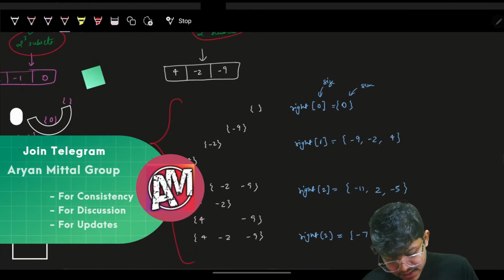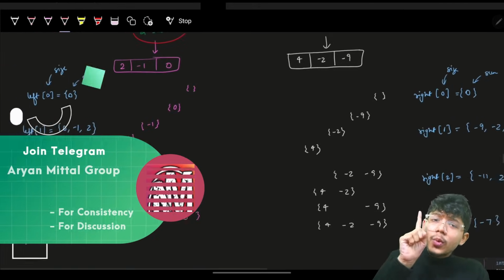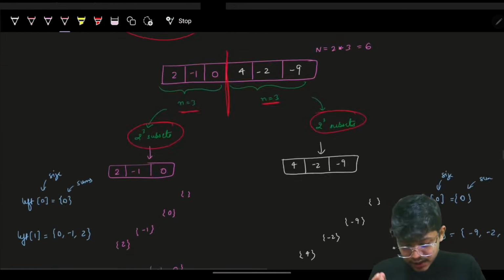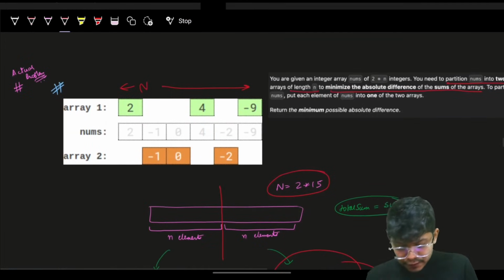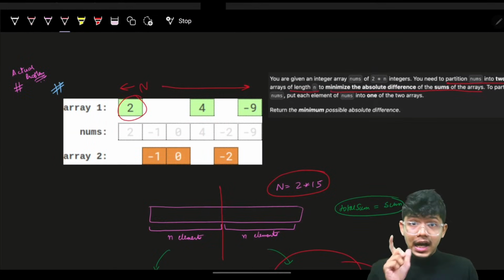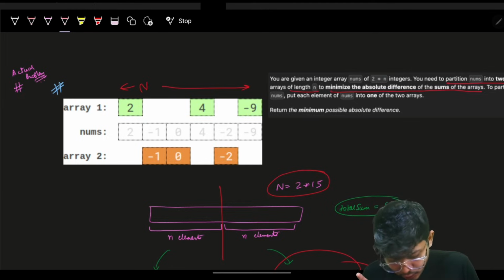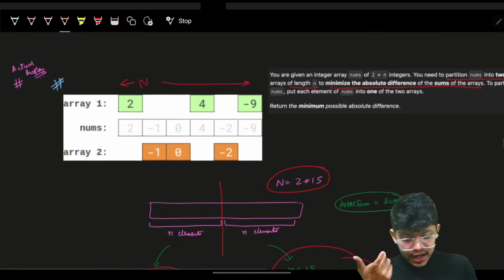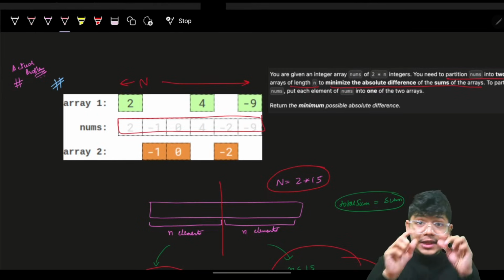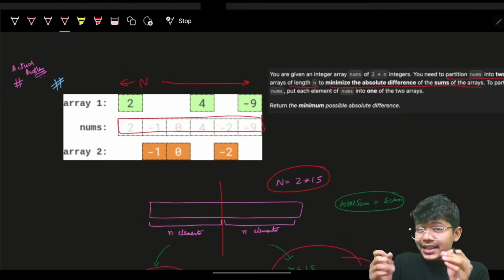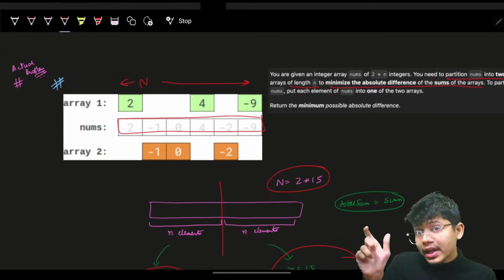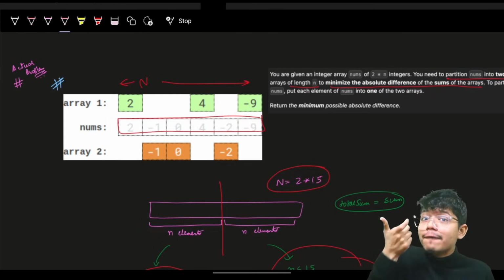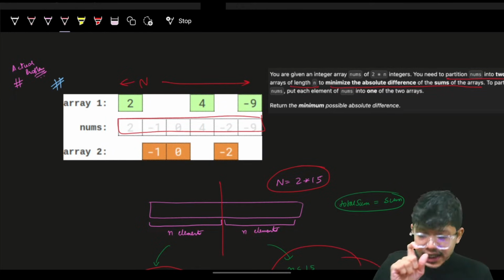When this is done, there's one thing which you remember that I have to do. I have to take the sum of that specific subset. I will have this entire array of length big N. I'll divide that and make an array of length small n, and for the small n length I want to have the sum of those elements.